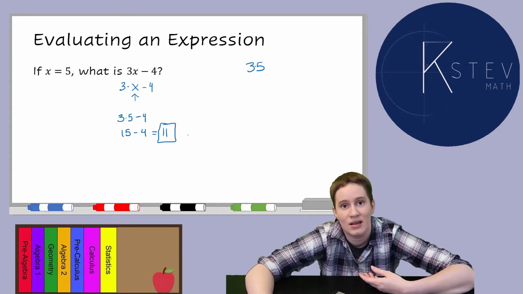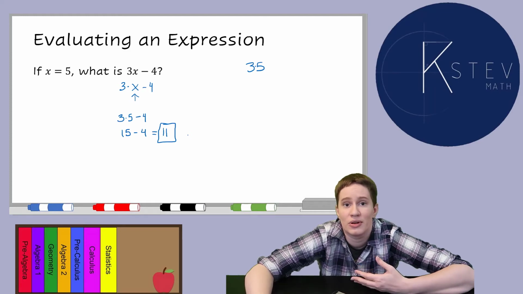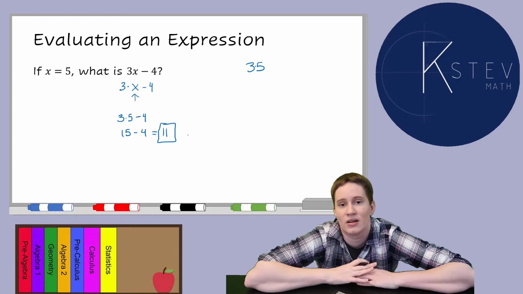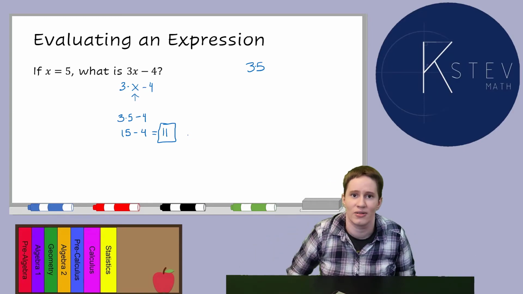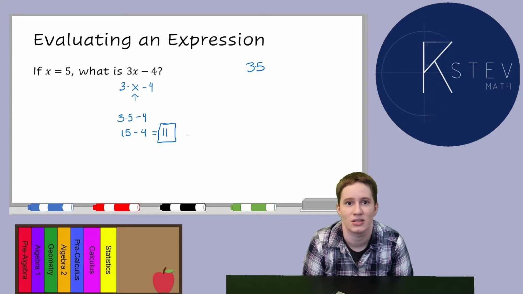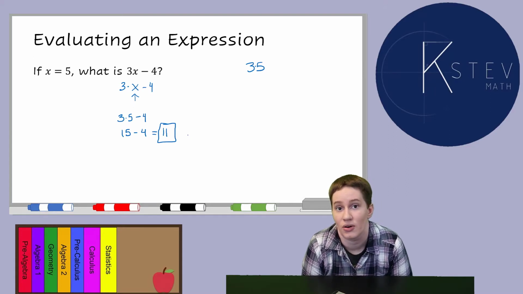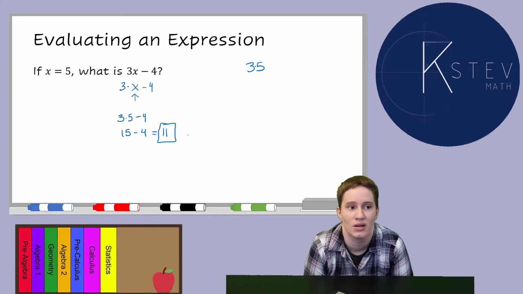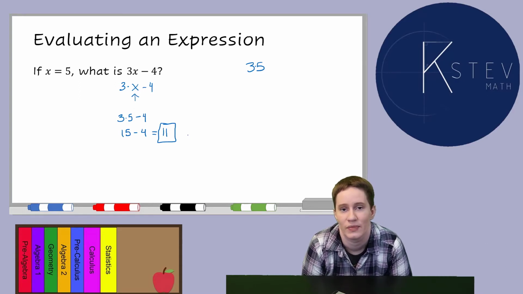The other thing about showing work is in pre-algebra, typically your teacher doesn't want you to rely on a calculator, and that's because it's so important to have the math foundational skills to back up what you're trying to do. So if you just write 11 as your answer here, your teacher doesn't know if you got that on your own in your head or did you put it in a calculator, and they probably don't want you to put it in a calculator.